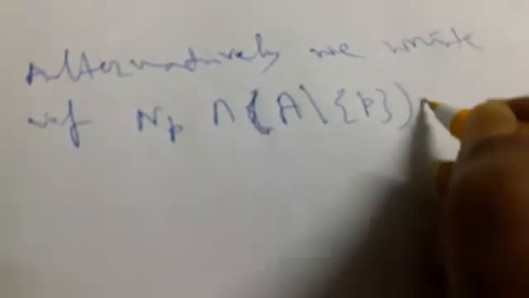And alternatively, we write, if N(P) meets A at the point A, neighborhood other than P, so P will be subtracted here, and that will be non-empty, and which is equivalent to: N(P) intersection A is either phi, that is empty, or P, this intersection.